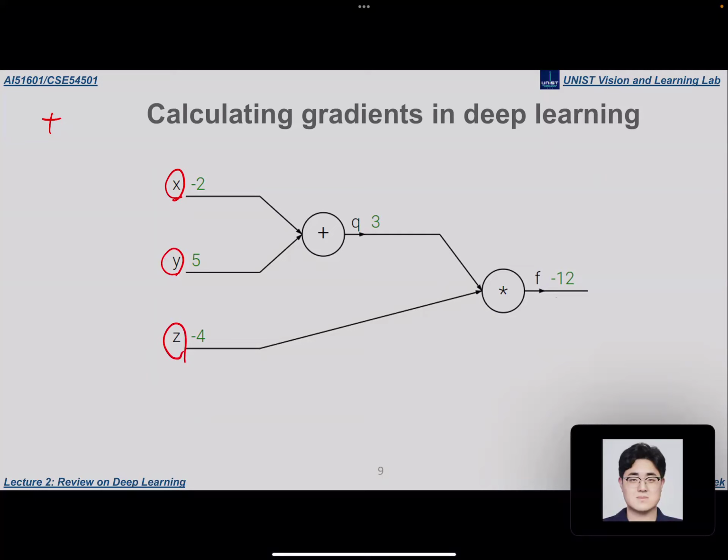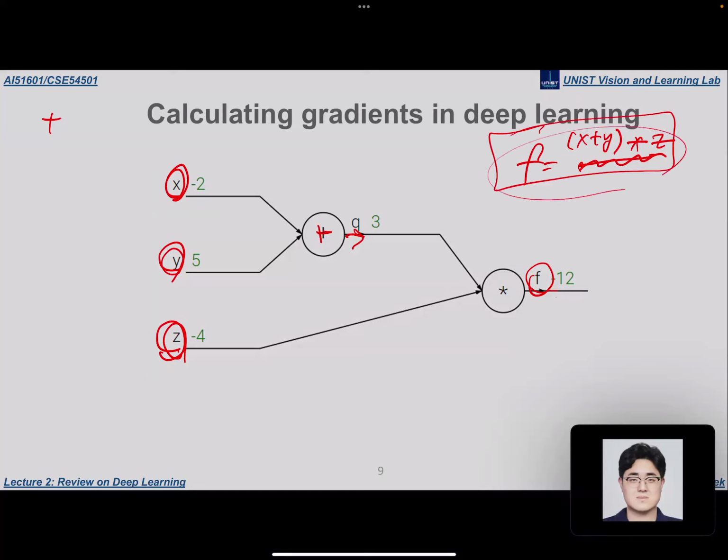We first add x and y, and then we multiply their output with z and find the final output. If we write it as a formula, it could be like this, right? This graph is representing this formula.